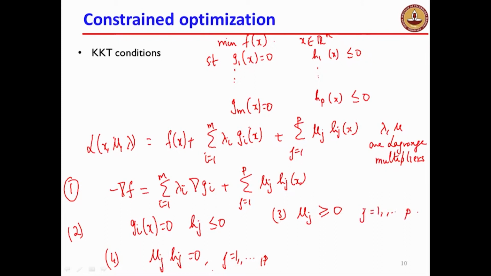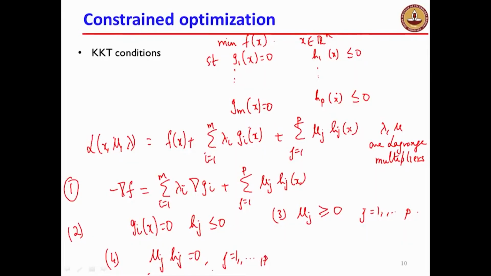If you look at the complementarity condition, h is allowed to be negative, but g cannot be negative, g has to be exactly equal to 0. If any h out of the p inequality constraints is negative, then it automatically forces the corresponding Lagrange multiplier mu to be equal to 0. But all the Lagrange multipliers mu corresponding to the inequality constraints have to be non-negative.